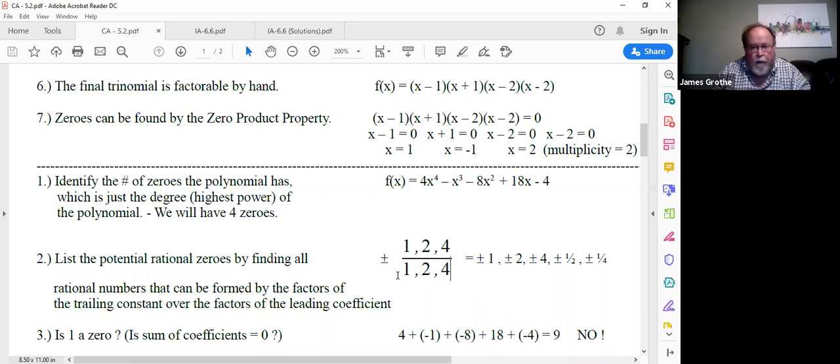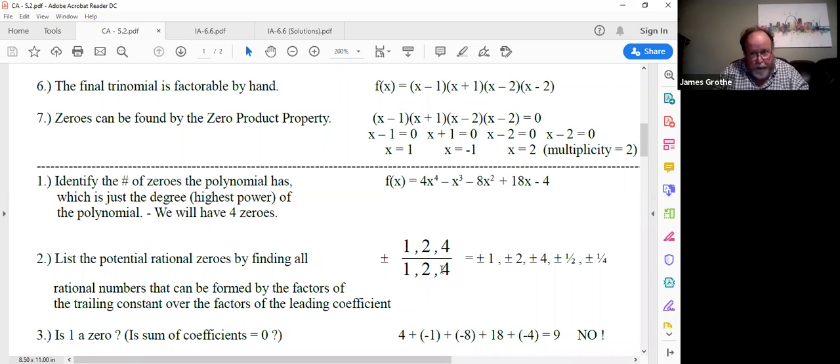Moving on, we now look at, again, every possible numerator denominator combination. I'll start with the denominator of 1. 1 over 1 is 1, 2 over 1 is 2, 4 over 1 is 4. Then I go to a denominator of 2. 1 over 2 is a half. 2 over 2 is 1, and we already have that. 4 over 2 is 2, and we already have that.